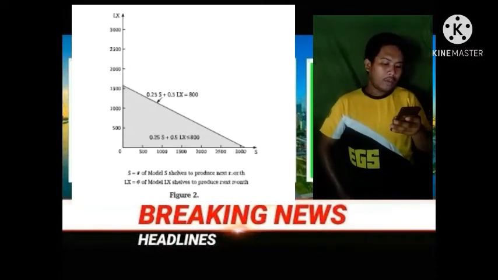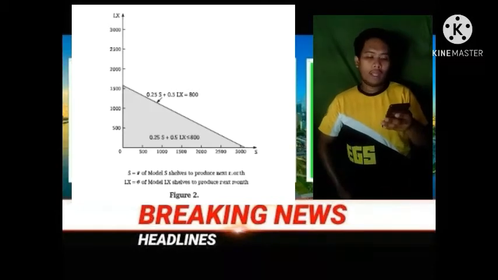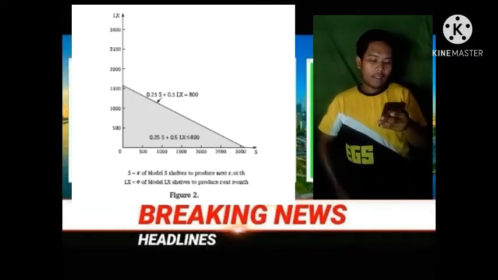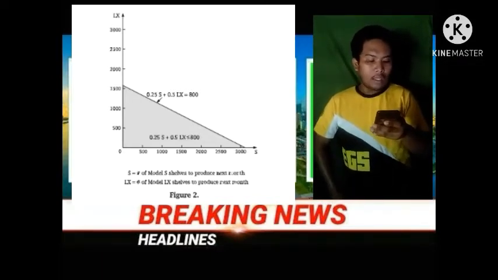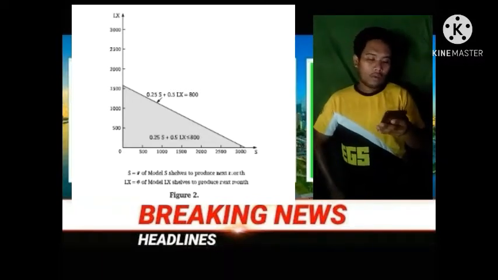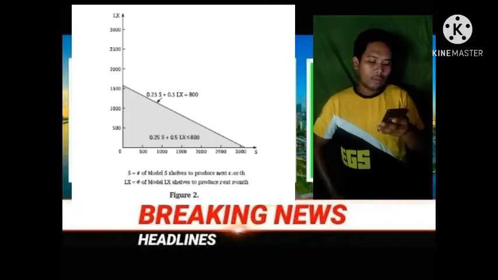The equation is 0.25s plus 0.5lx equals 800. So, the point on the s-axis is obtained by setting lx equals 0, so 0.25s equals 800, or s equals 3200.